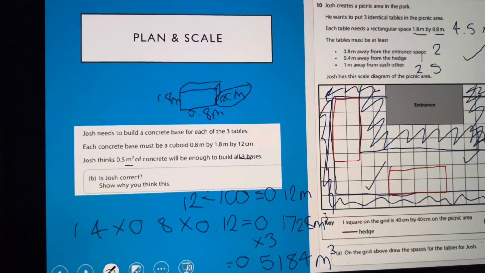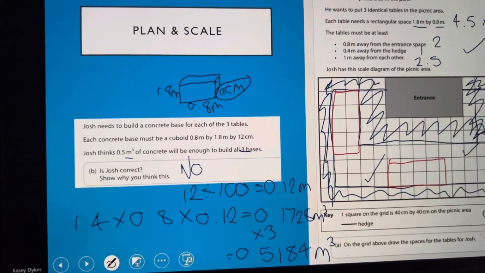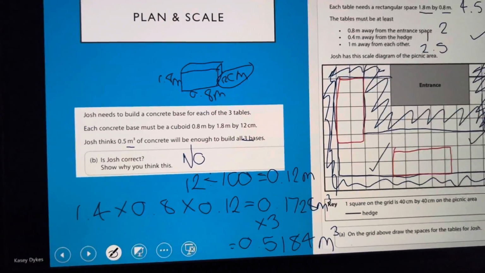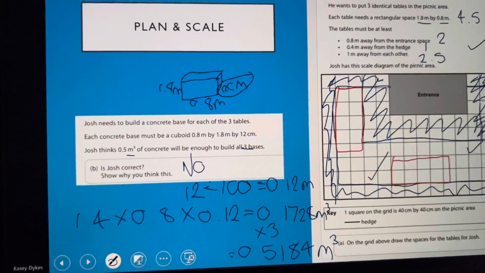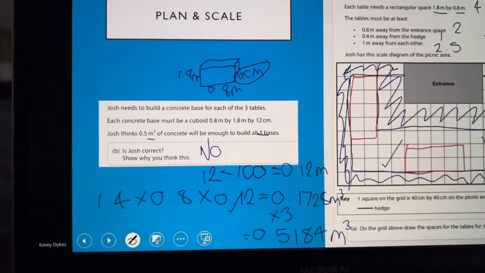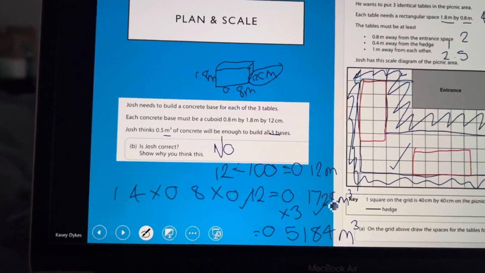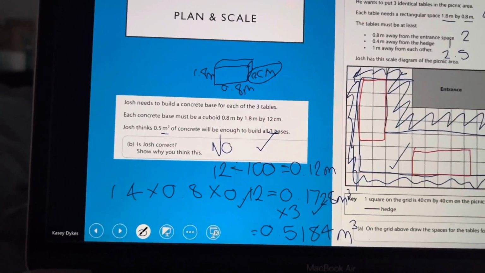So that's more than 0.5, so no, he's not correct. So your 3 marks here is 1 for turning your 12 centimetres into your metres, timesing it by 3 for 3 bases, and then your answer for saying no.